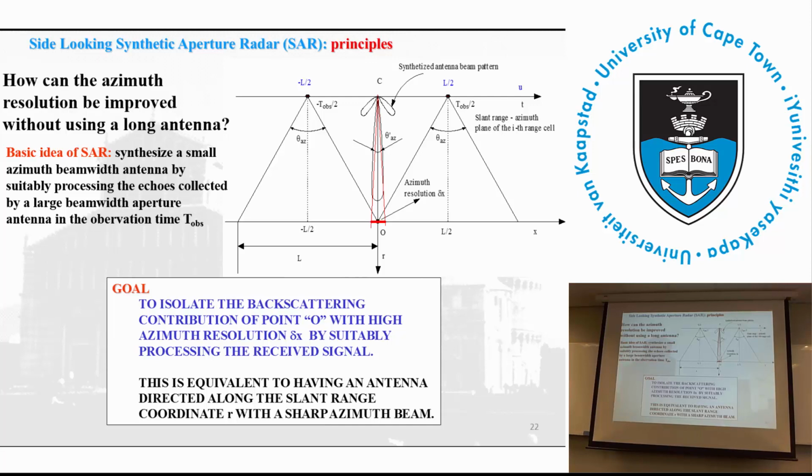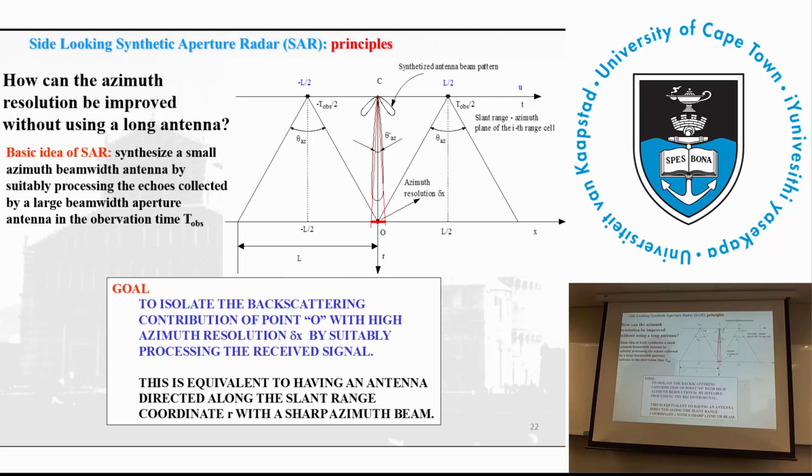Let's see, first of all, how the geometry works and how we are trying to form what we call a synthetic aperture radar. What we want to do is to improve azimuth resolution. A single antenna may have this azimuth beam width, which is pretty much determined by the size of the antenna element.